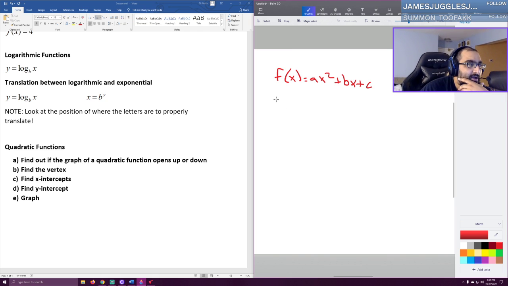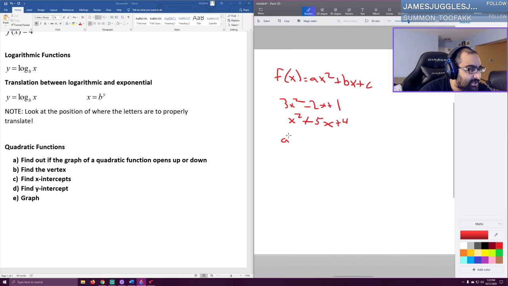You could have, say, 3x squared minus 2x plus 1 as a classic example, or again, x squared plus 5x plus 4. Let's try that again. Here's another function you could use in terms of what a quadratic function looks like.